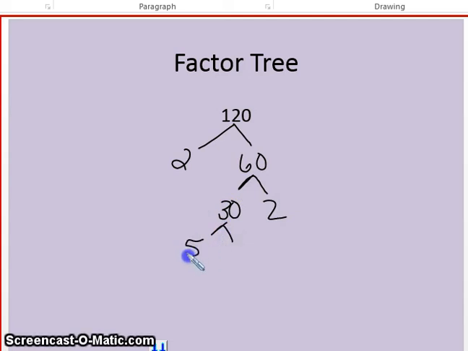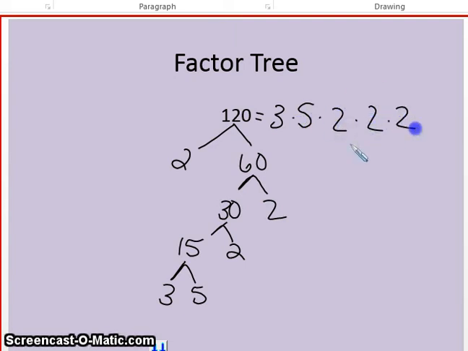30 is 15 times 2. 2 is prime, so its branch ends. And then 15 is 3 times 5. Now, all the ends of the branches are my prime factorization. So I could say 120 equals 3 times 5 times 2 times 2 times 2, because I have all these end branches here.